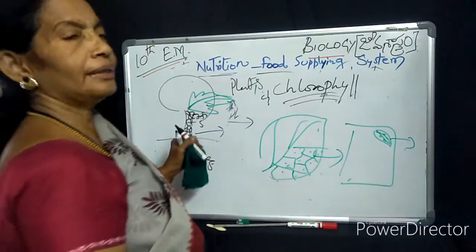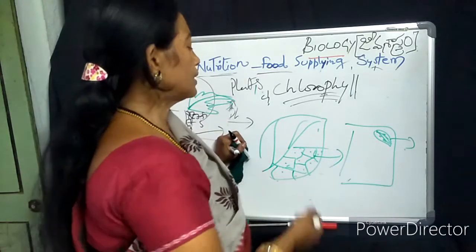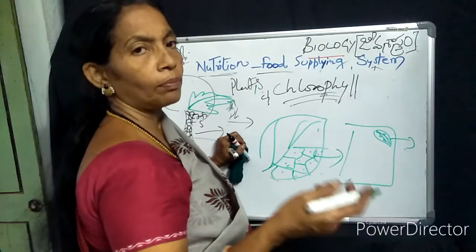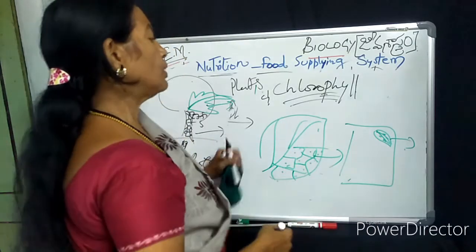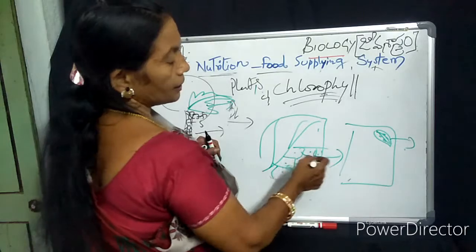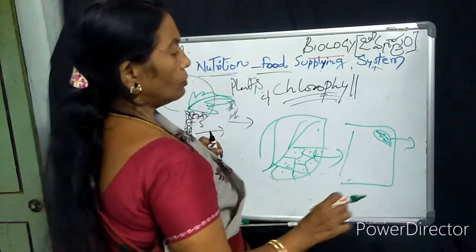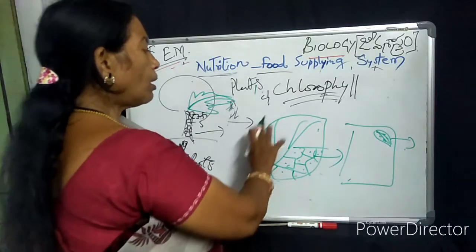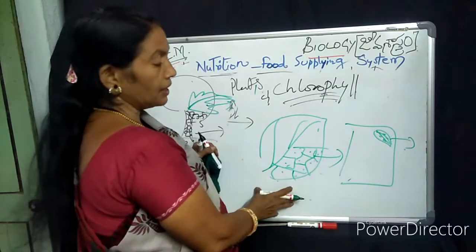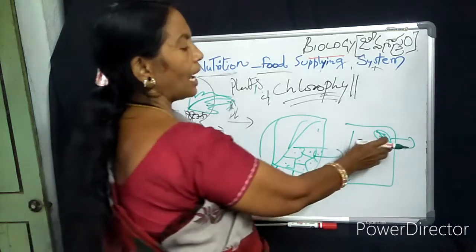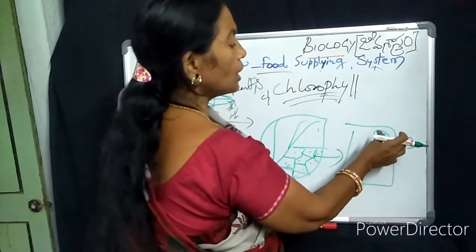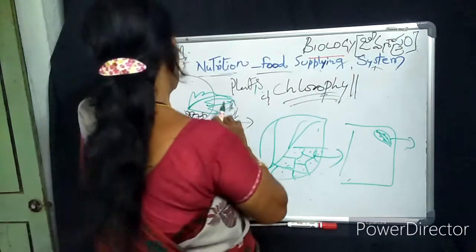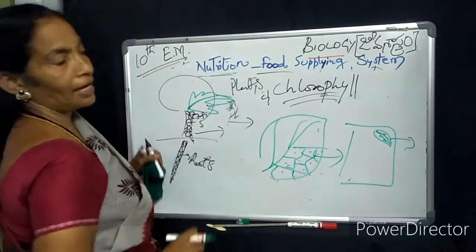Some cells may have 2, 4, or 5 chloroplasts. We can observe this in the cells of the leaf. All cells present in the green leaves have chloroplasts. Because of this chloroplast, the green color is present in these plants.